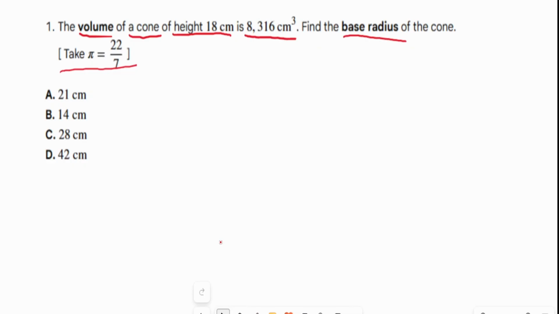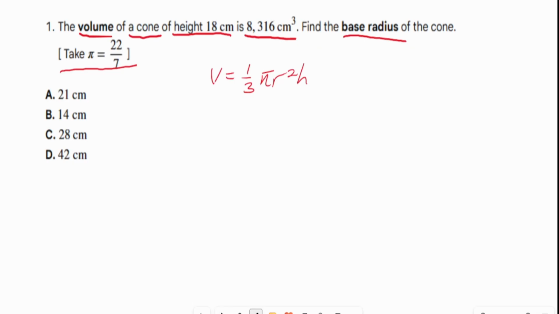We will first start by writing the formula for the volume of a cone, because that is what we need. We are going to use the formula V for volume equals 1/3 pi r squared h. And we are going to plug in the information given in the question.